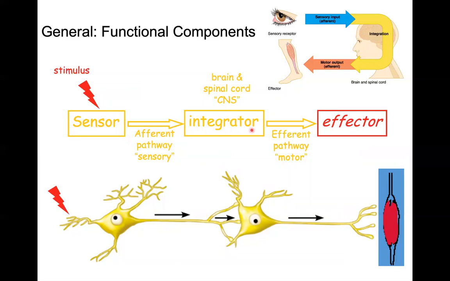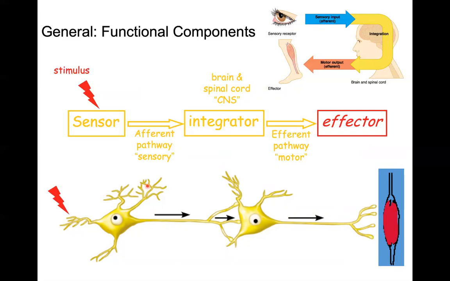And then that transmits information along an efferent pathway, a motor pathway, to the effector. Now the effector is not part of the nervous system, and that's why it's in red. So you get sensory information, that's afferent, coming into the nervous system, and then output through an efferent line to an effector, that's a muscle or a gland.